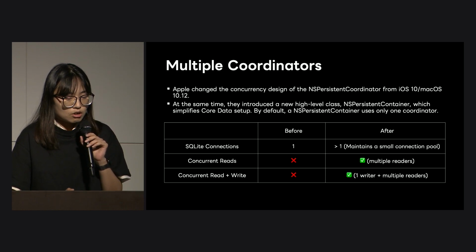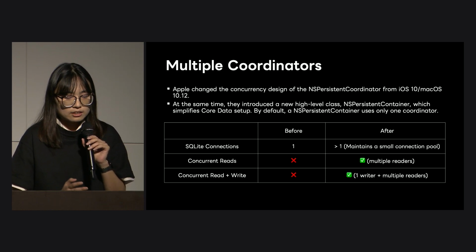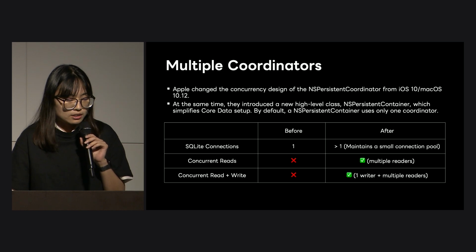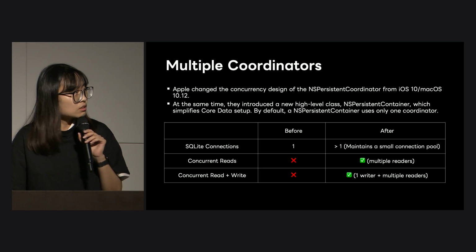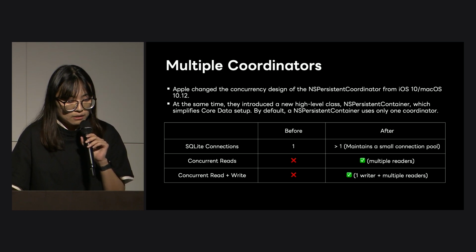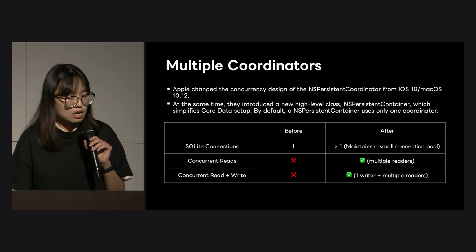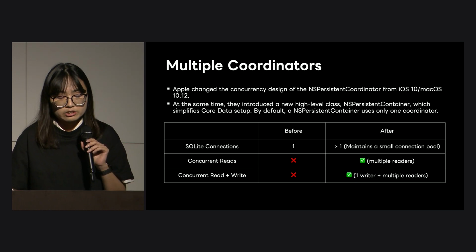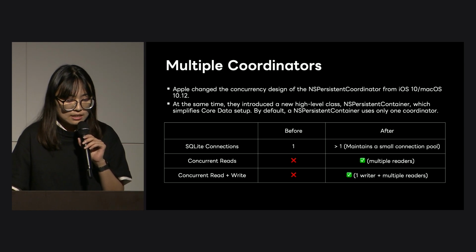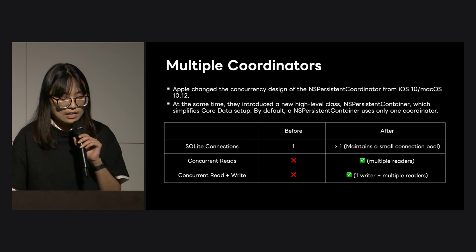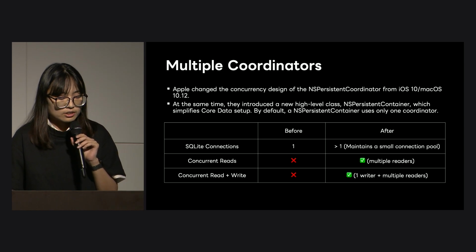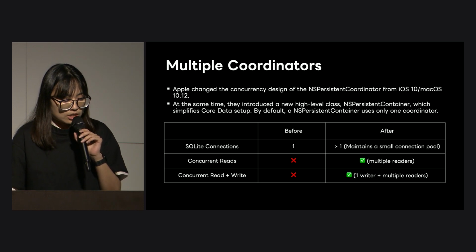Before, a coordinator could only establish one SQLite connection, no matter how many contexts were connected with it. This meant concurrent reads and writes were not possible unless we were using multiple coordinators. But after iOS 10, the coordinator has a small connection pool that allows concurrent database operations.